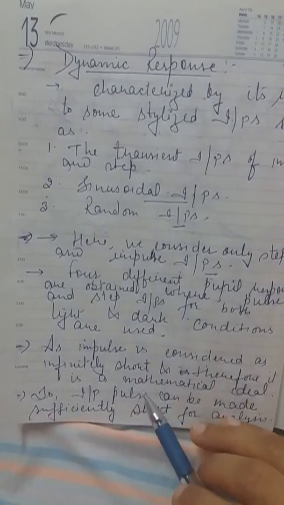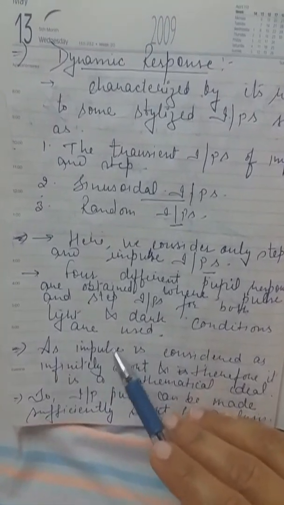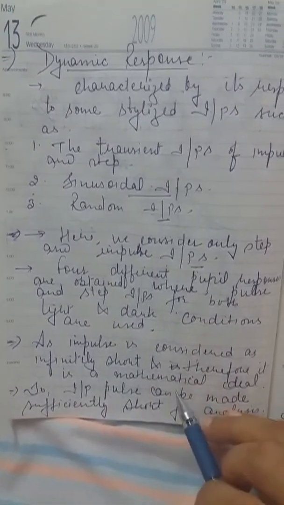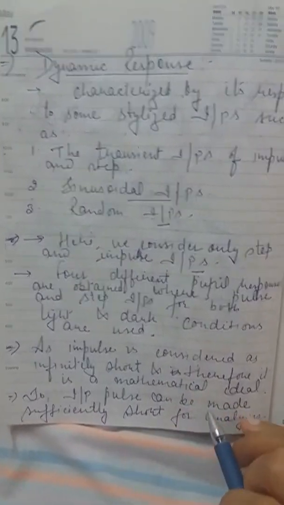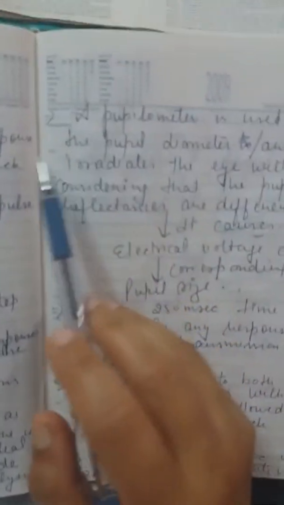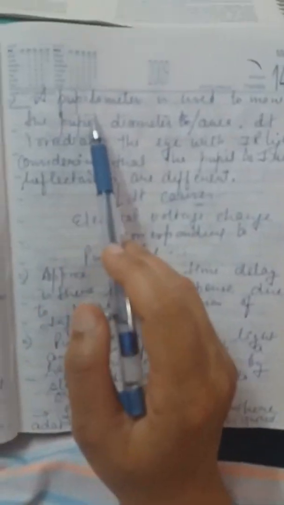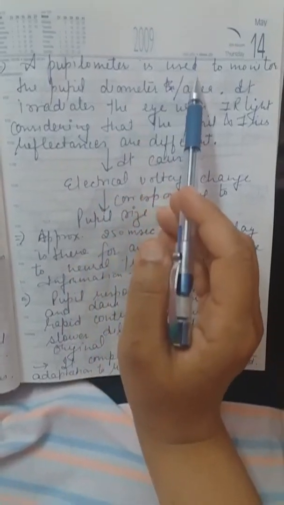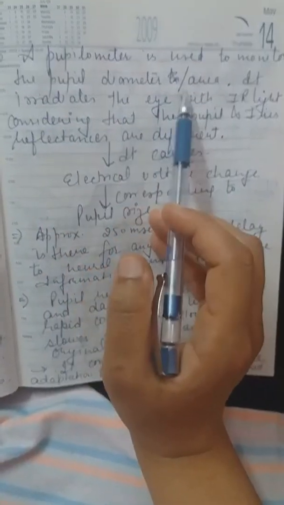So in this case, in spite of impulse, we will consider input pulse that can be made sufficiently short for the analysis point of view. So we will take help of an instrument, that is pupilometer. Pupilometer we will use to monitor the pupil diameter or area.